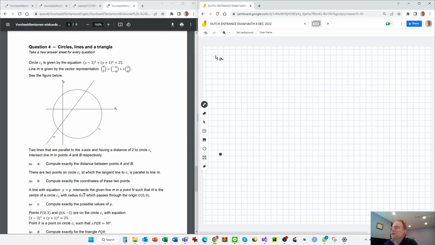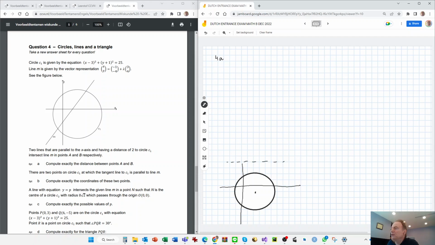So let's make a sketch. Roughly like this. It's pretty difficult to write straight lines, but here we have the center, and then this horizontal line with distance 2.